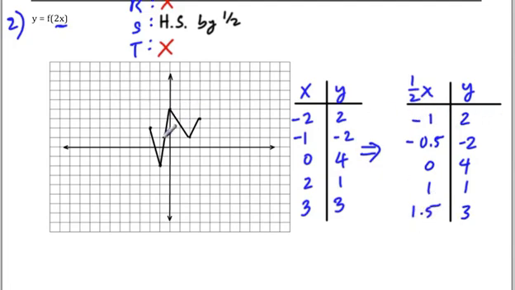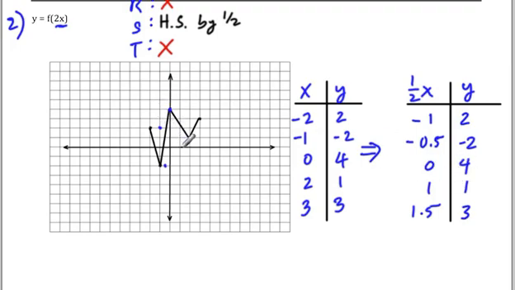This one is -1, 2. So that's this point right there. The next one is -0.5, -2. So it's just right there. This one is 0, 4, which is the same point right there.